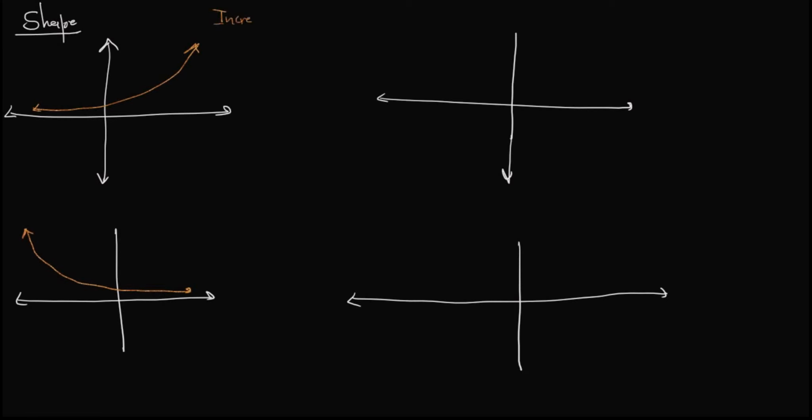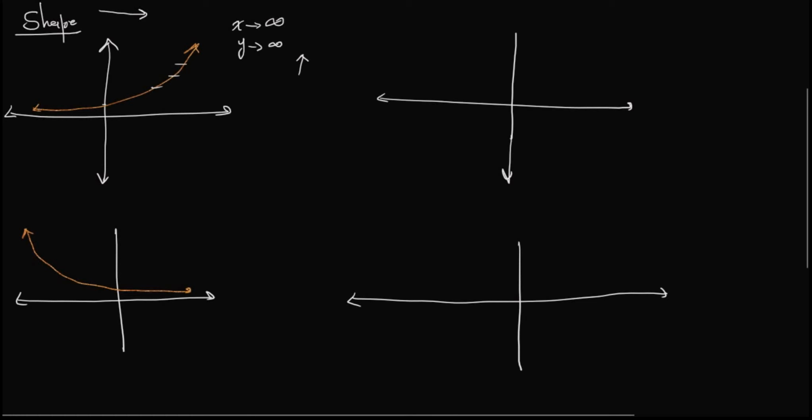The first one is an increasing one, because as x approaches infinity, y approaches infinity. You can see that the y values start off low but keep on increasing, getting higher and higher. Remember that we read the graph from left to right, so they keep approaching positive infinity. So this is an increasing exponential function.